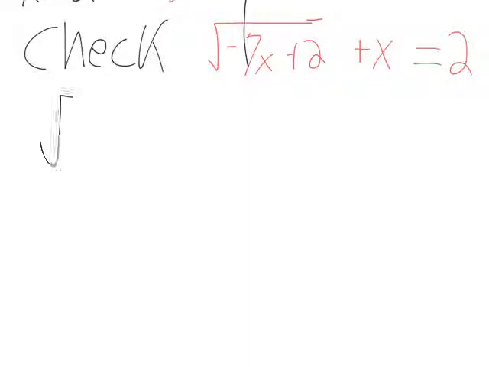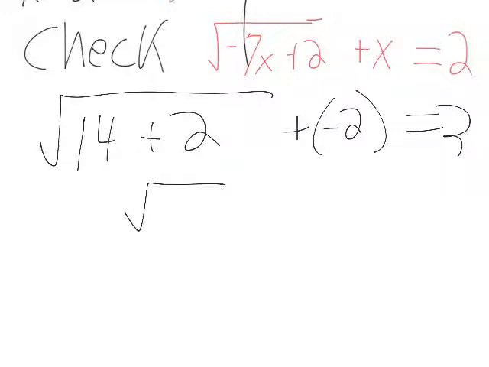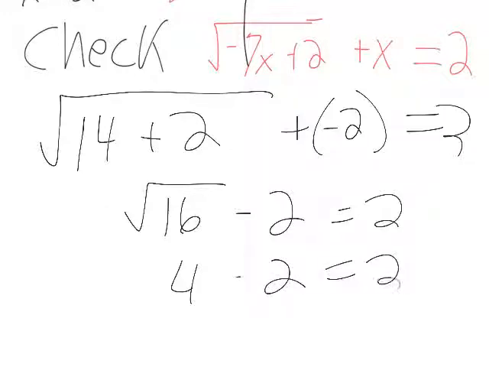That's going to give me the square root of -7 times -2, which is 14, plus 2, plus plug in a -2 there, is equal to 2. So we're going to get the square root of 16 minus 2 equals 2. 4 minus 2 equals 2, and that's going to work out. 2 equals 2. Okay, so that one's okay.